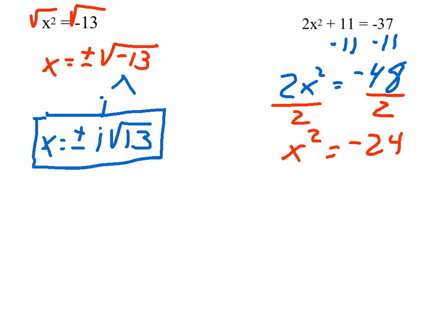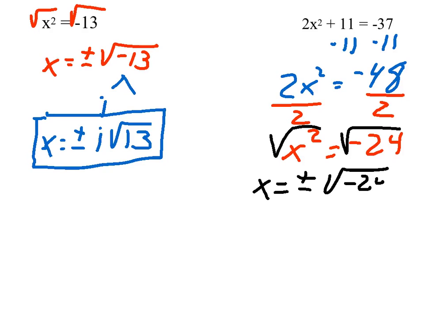Now we can square root both sides to finish getting x alone, so we have x equals plus or minus the square root of -24. And again, we have that square root of a negative, so we must automatically think i. So plus or minus i root 24.